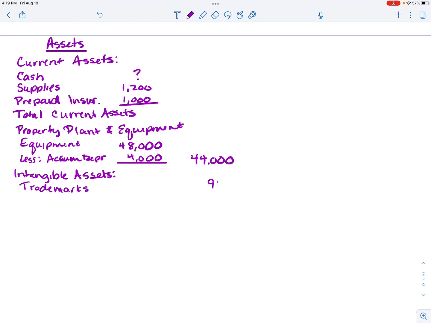And those are 950. And then add it all up to give me my total assets. Again, we don't quite know what that is yet because we can't fill in our cash just yet. So we'll wait for that number.